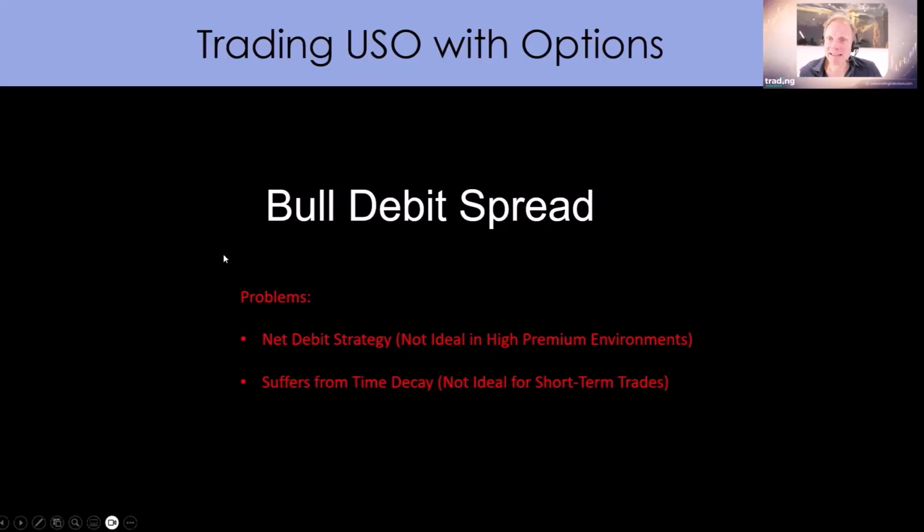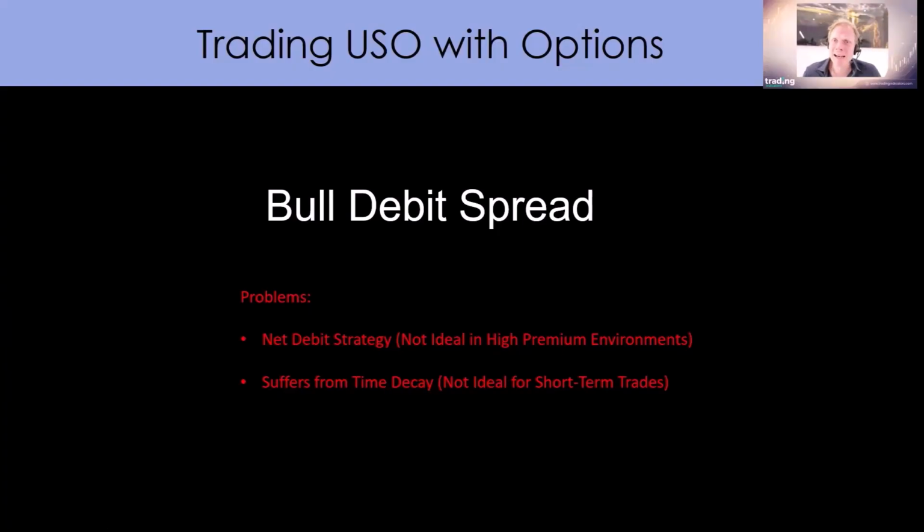First of all, it's a net buying strategy, a net debit strategy, meaning I still have to buy a premium. And since I'm still buying something and premiums right now are quite high, it might not be ideal in this current environment for USO because premiums are already quite high. So premiums would need to rise even further for this particular one.